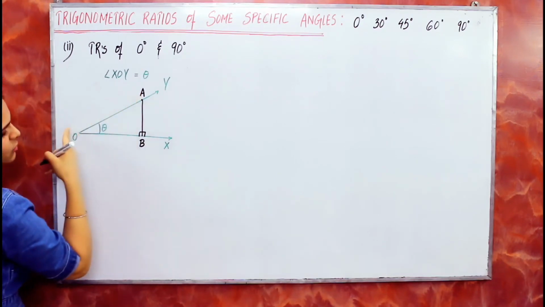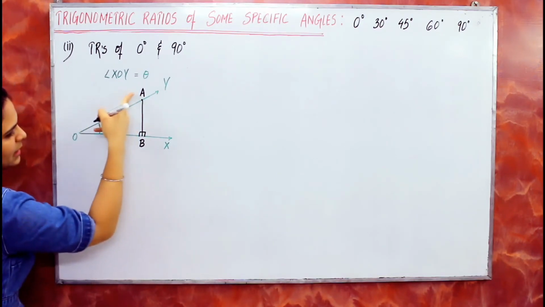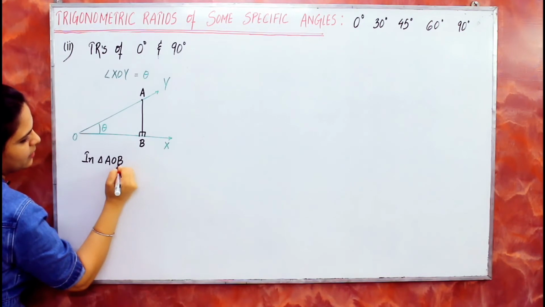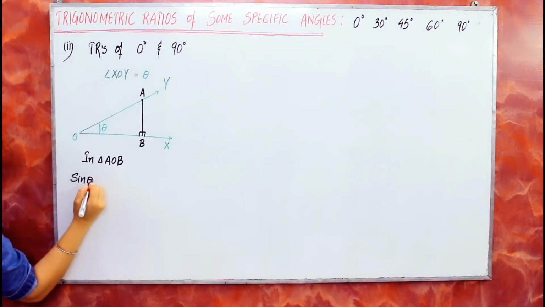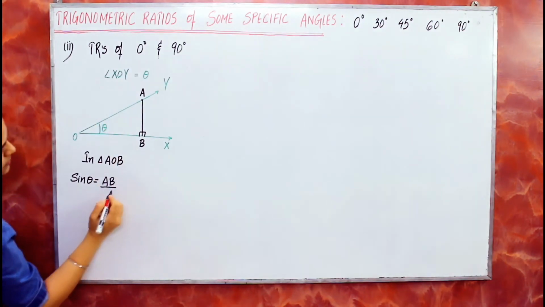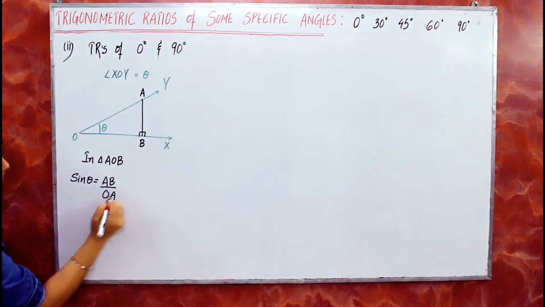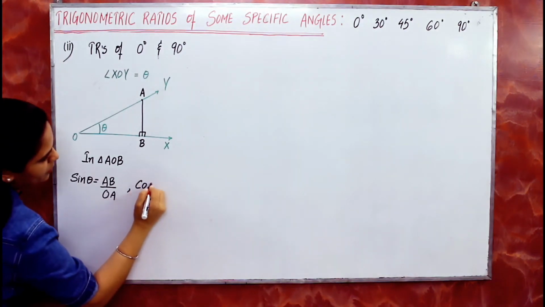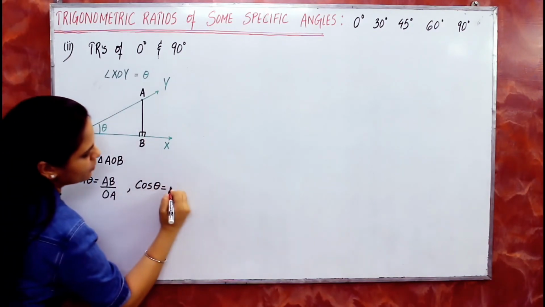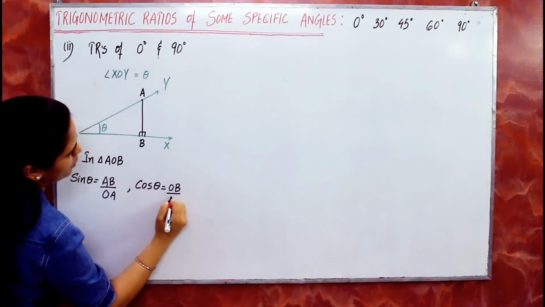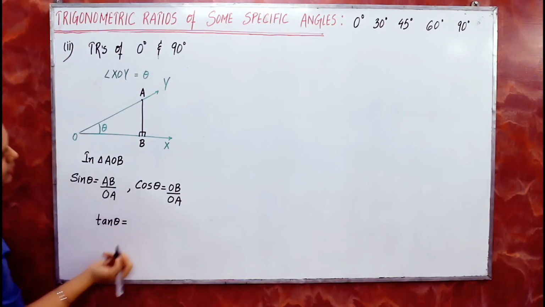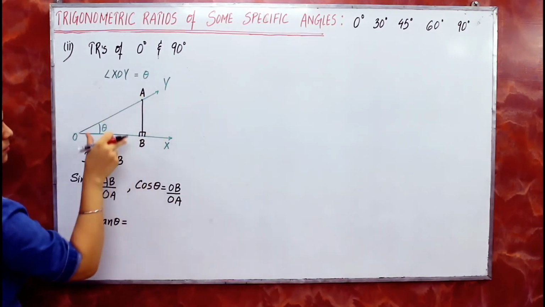Now you can see a right-angled triangle AOB, and in triangle AOB, sine theta is equal to opposite upon hypotenuse, AB upon OA, and cos theta is equal to adjacent upon hypotenuse, OB upon OA, whereas tan theta is opposite upon adjacent, so it's AB upon OB.